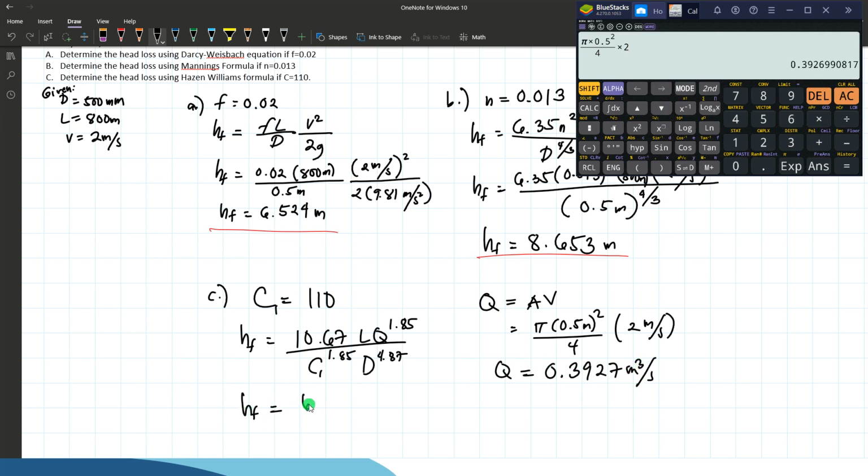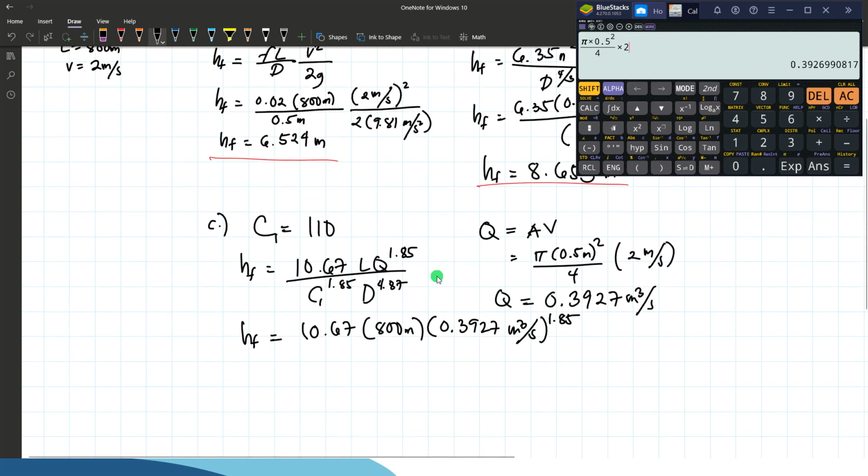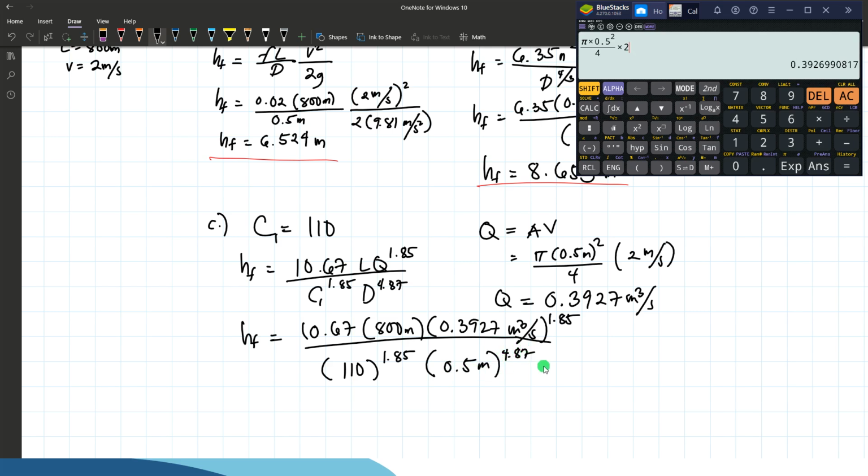Substitute in this formula 10.67, L 800, Q 0.3927 raised to 1.85 over C1 110 raised to 1.85, D 0.5 raised to 4.87.